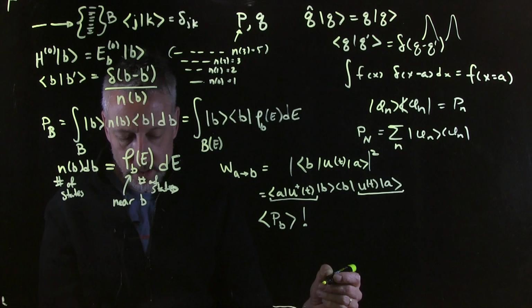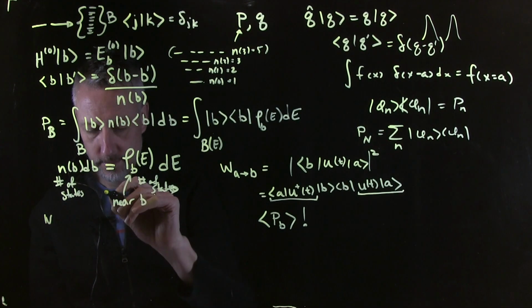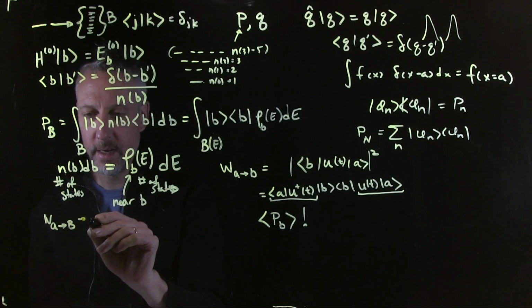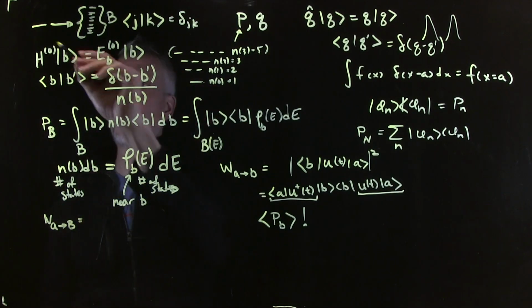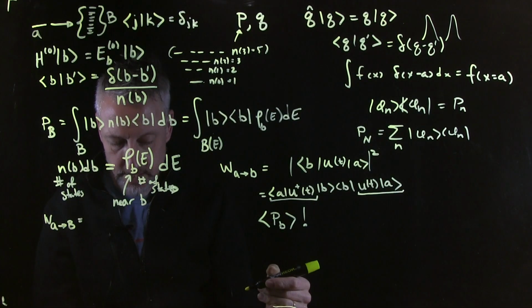I'll see how far I can get and keep us on the same board here. Okay, so we simply put this in, and we're going to have W, and we're going to call it A goes to capital B, meaning we're starting in a particular state A, and we're going to go to the region of B, which could be multiple states, right?